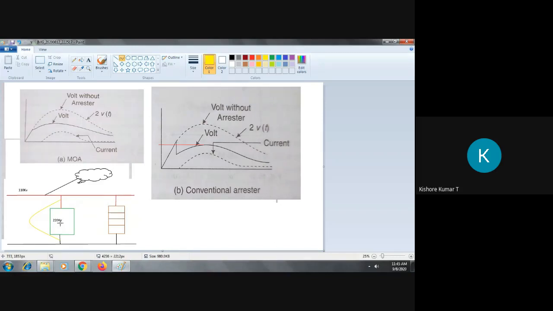Okay. So crest value is maximum withstandable value of any equipment in the system, after which there will be a spark over across the equipment. Fine. Now if you observe here, this red line will indicate the maximum crest value for the equipment. Normal conventional lightning arrestor ని యూజ్ చేసినప్పుడు for a certain duration of time period, what is happening here?